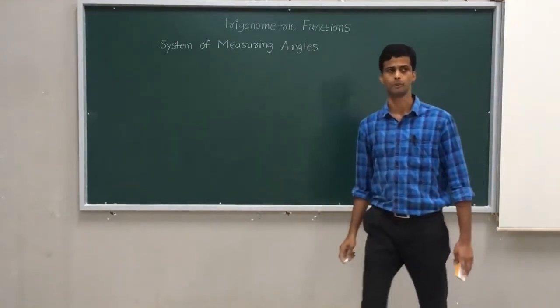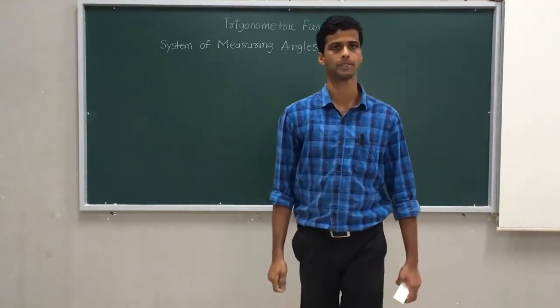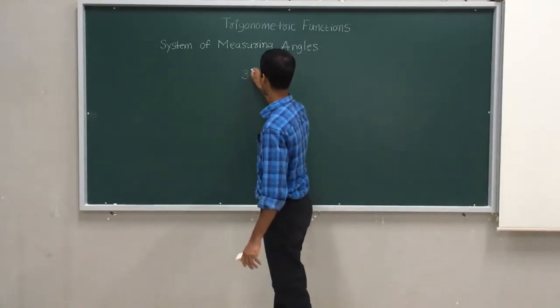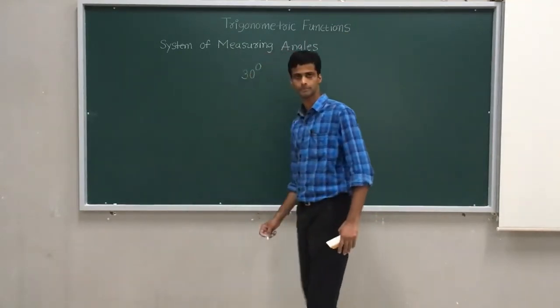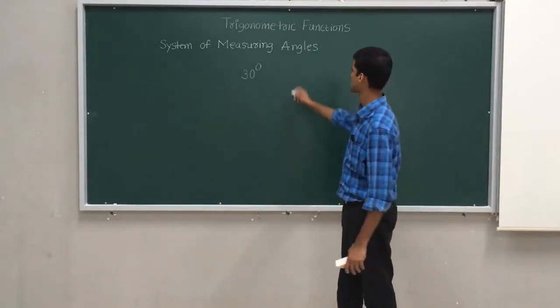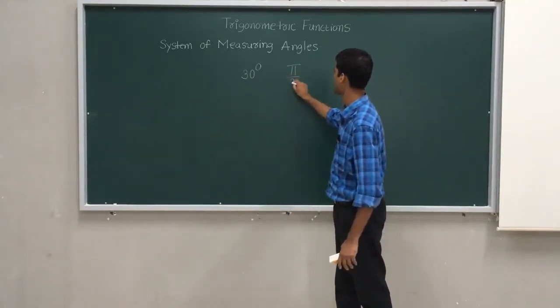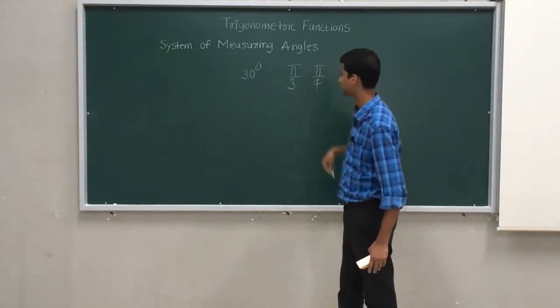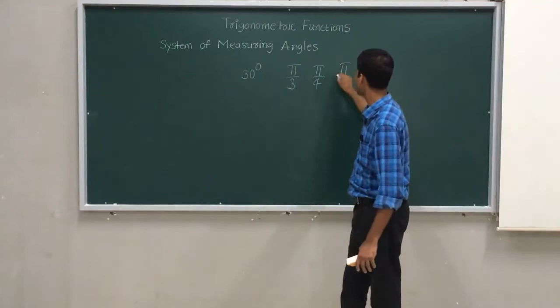Why is it useful? Now, many times we pronounce, I guess in the lower classes, you study 30 degree, and pi by 3, pi by 4, pi by 2.